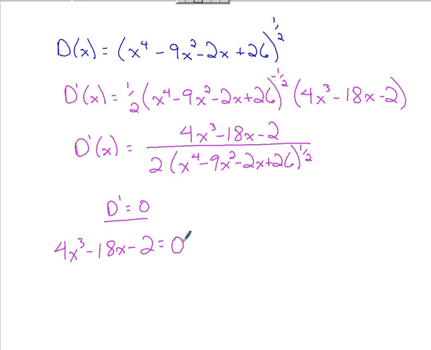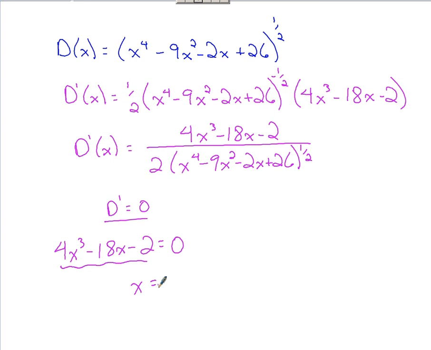Now, in reviewing strategies to solve something like that, that's not a quadratic. Factoring is not going to be involved. So this is where we basically got to graph this out. Let y equal 4x cubed minus 18x minus 2, graph it out, see where it crosses the x-axis, get the zeros. Now, we've discussed that strategy before. We're supposed to understand how to do that.